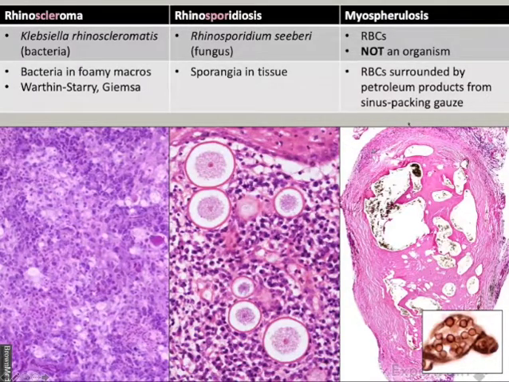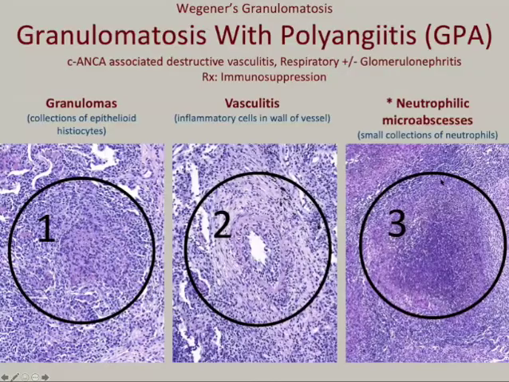And myospherulosis is actually red blood cells, not an organism, but some people mistake it for organisms because of its encapsulated, round, globoid look. These little globules are just red cells that have been packed together in patients that have been treated with some kind of petroleum product, like Vaseline-coated gauze. So myospherulosis: not an organism, just packed red cells.